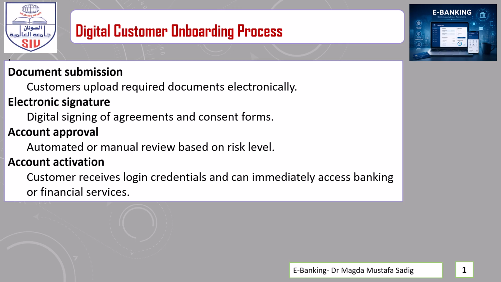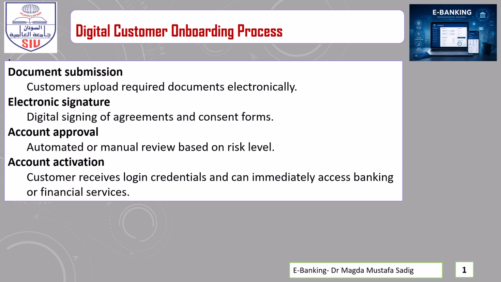Number 5, electronic signature. The applicant reviews terms and conditions and applies an e-signature or a cryptographic digital signature, creating a legally binding contract. Number 6, account approval.